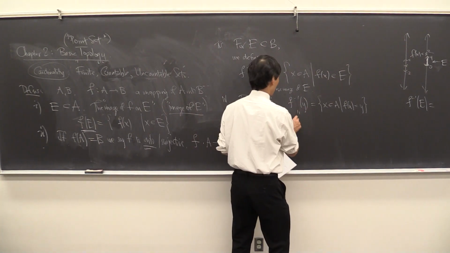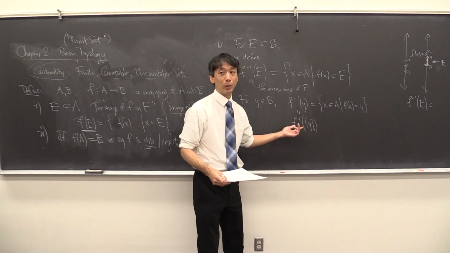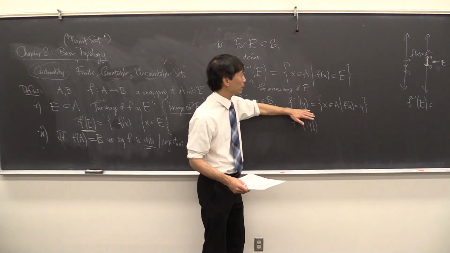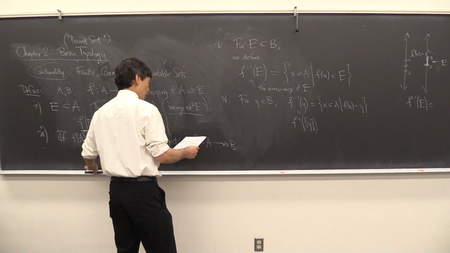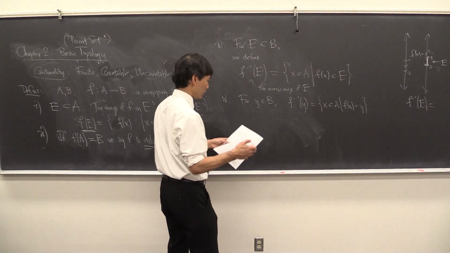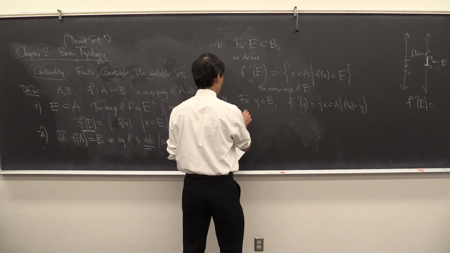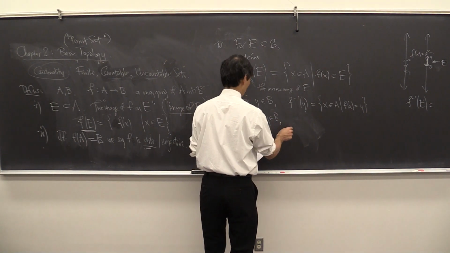What this really means is f inverse of the set consisting of that single point, using the previous notation. But anyway, we will abuse notation, and we're just going to write f inverse of that point.